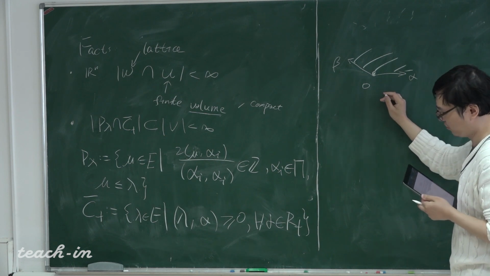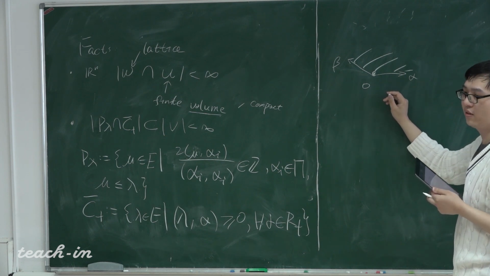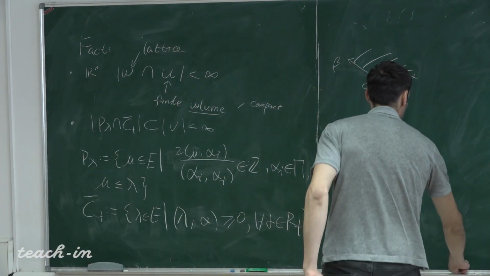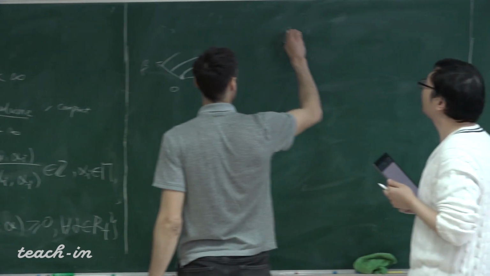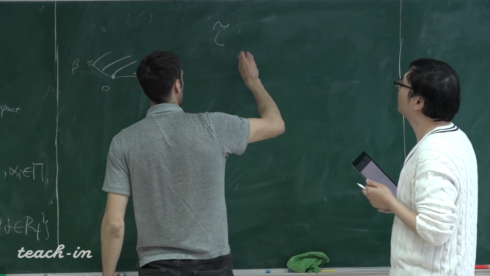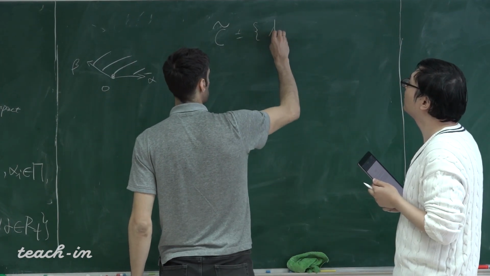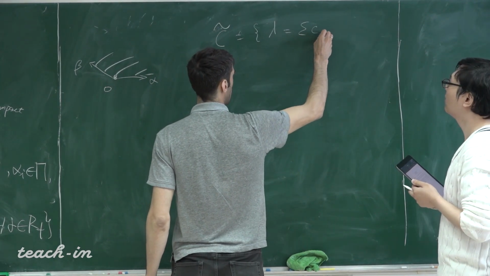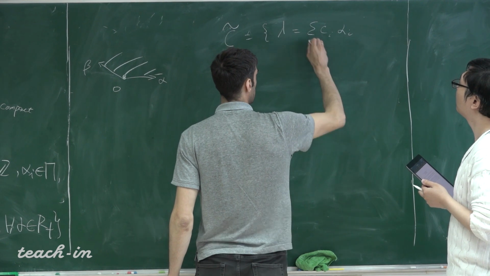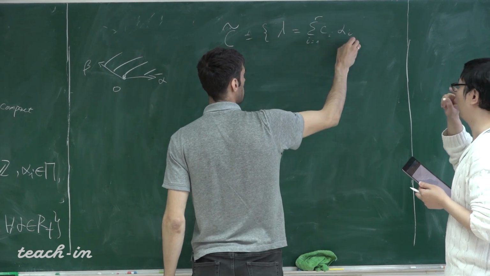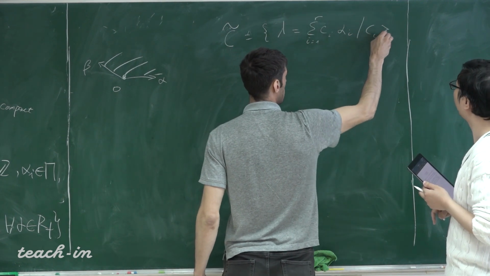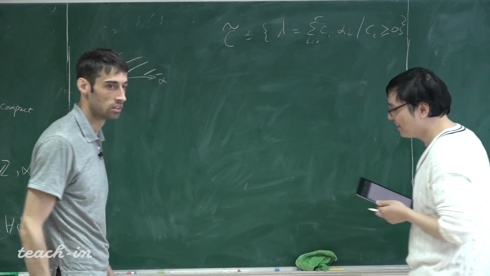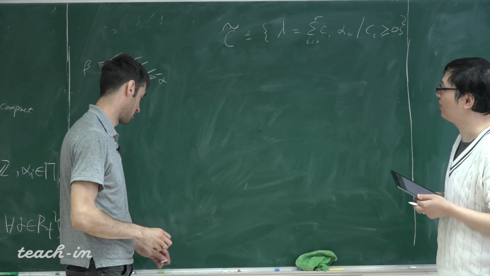This is just some linear combination of alpha. Yes, so in formulas it should be like that. Maybe C tilde, I don't know. This is all lambdas, sum of c_i alpha_i from 1 to r, such that c_i greater or equal than 0. This is what it is, right? Yes.